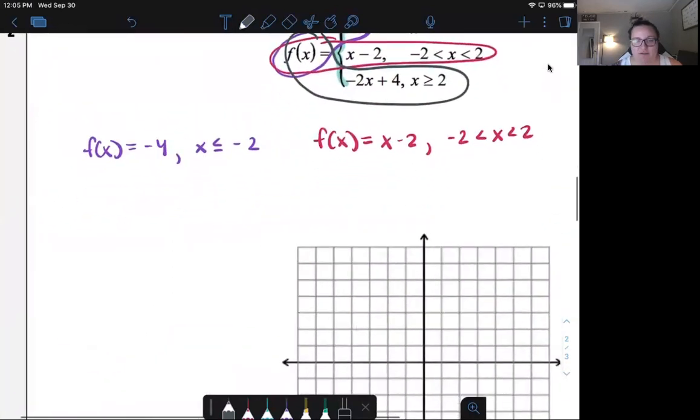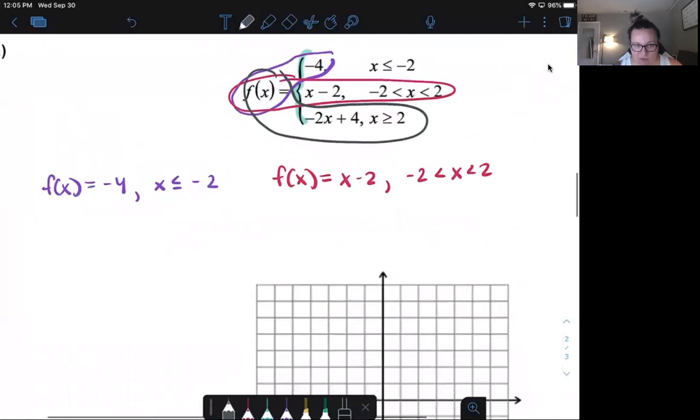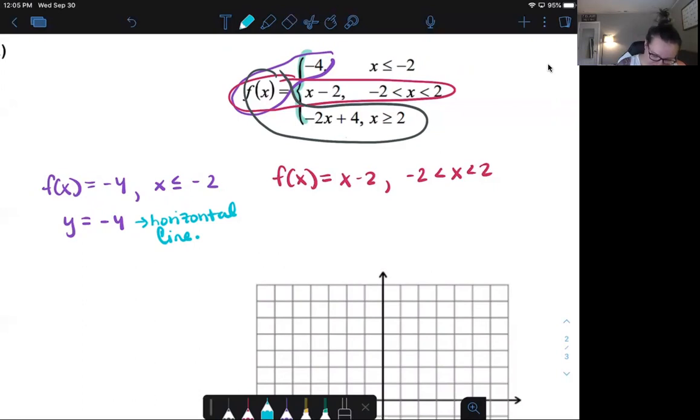F of x equals -4 for x is less than or equal to -2. Well, remember, f of x is interchangeable with y. So we could write this as y equals -4. Well, hey, we just learned that y equals -4 means that we're going to have a horizontal line. But we want a horizontal line when x is less than or equal to -2.